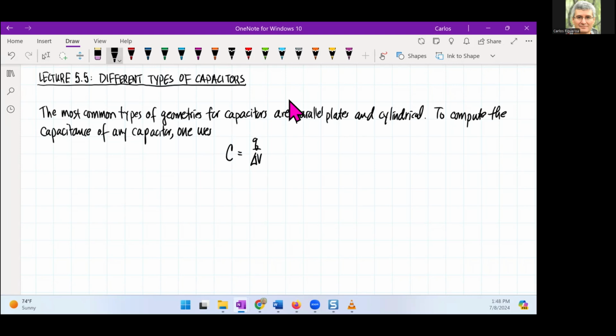So let's go do that. So let's start with the parallel plate. I know that we've already done the parallel plate, but this is sort of like to set the tone of how we're going to deal with the spherical and the cylindrical.